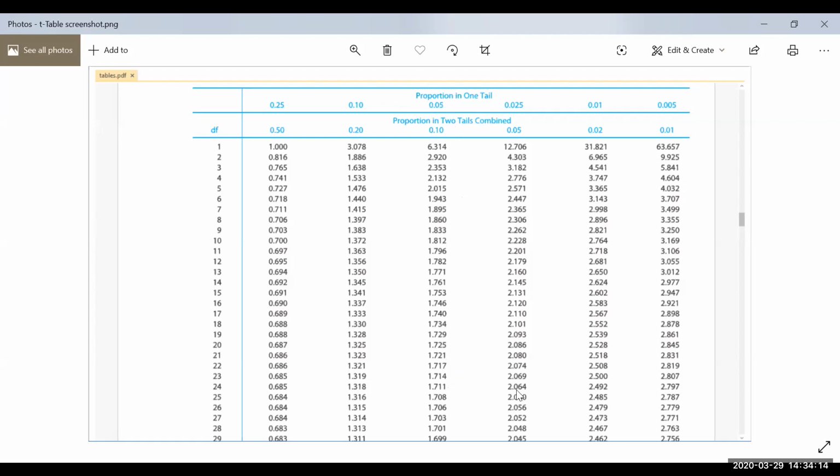But today it's 2.064. One other word about this is that 2.064 is going to be on both tails. So we don't have to divide it by 2. This table already does it for us by saying proportion in two tails combined. So it's already done the work, okay? So you have 2.064 on one end and 2.064 on the other end.